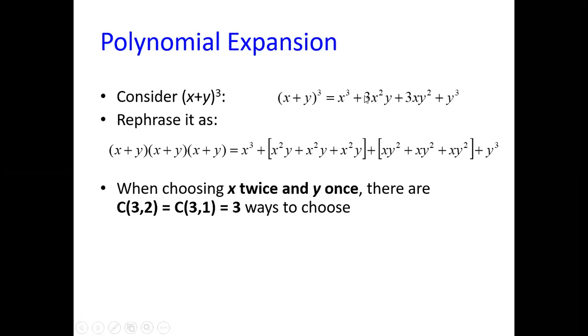So x squared will give us combination 3, comma 2 for x, or combination from 3, comma 1 from y.